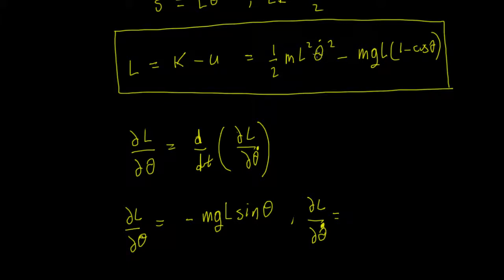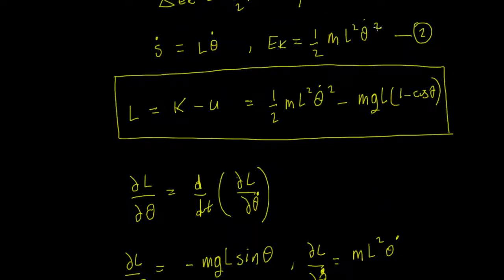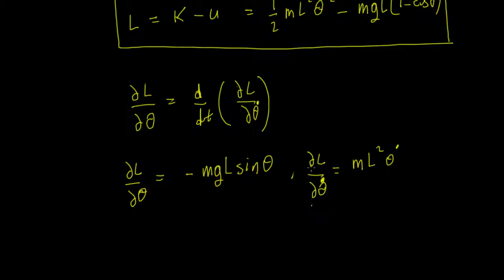The 2 comes down and cancels with the half, so you're just left with m, L squared, and your value of theta dot. So that's the first part of that.